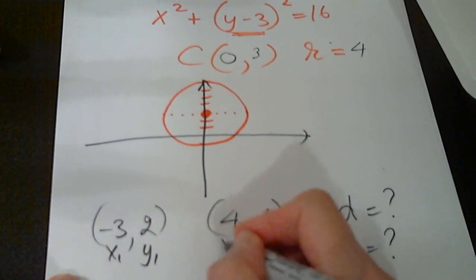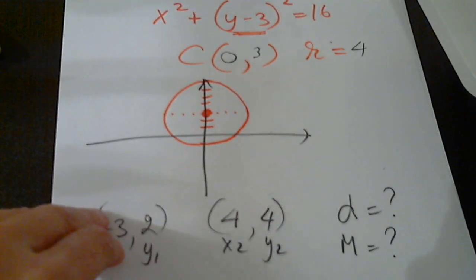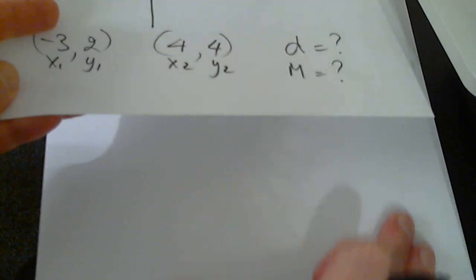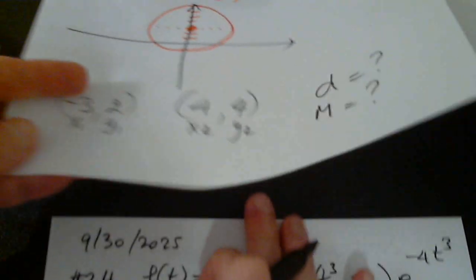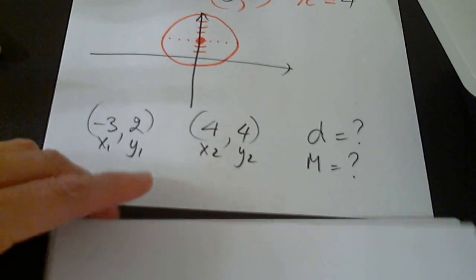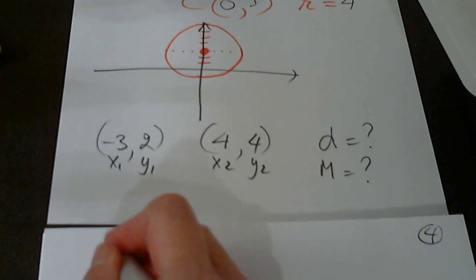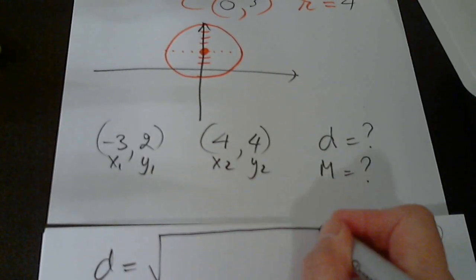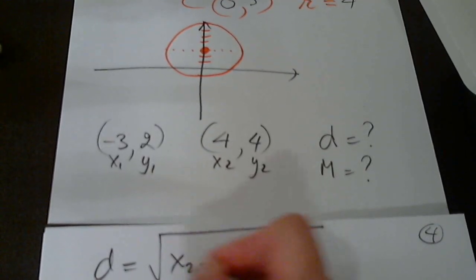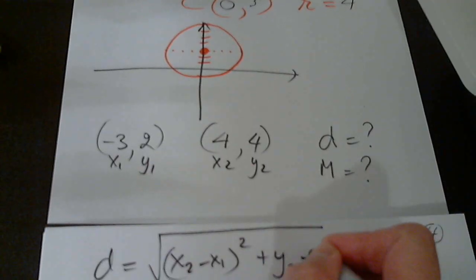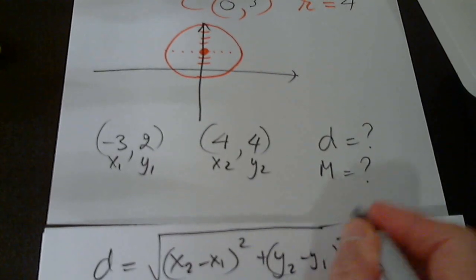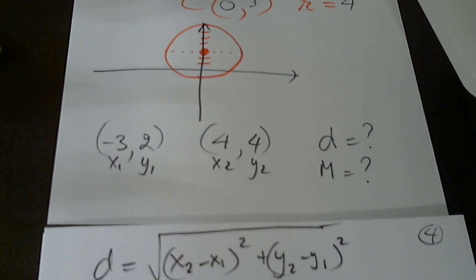x1, y1, x2, y2. I write the formula so I don't make an error. D equals the square root of x2 minus x1 everything squared plus y2 minus y1 everything squared. Remember, you cannot simplify this. Don't attempt it.